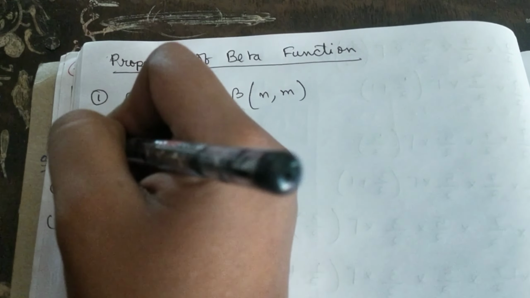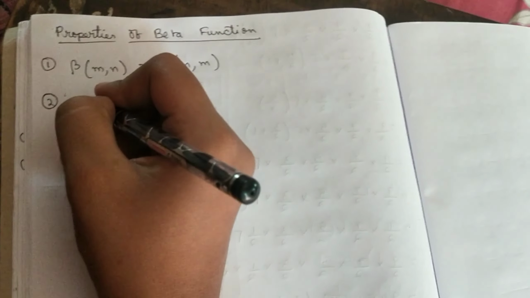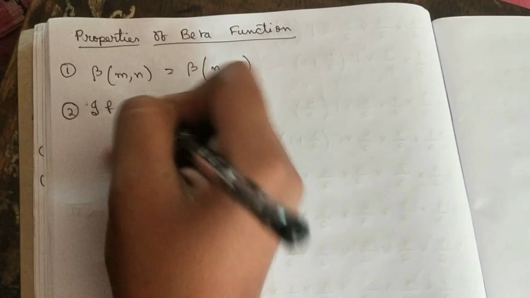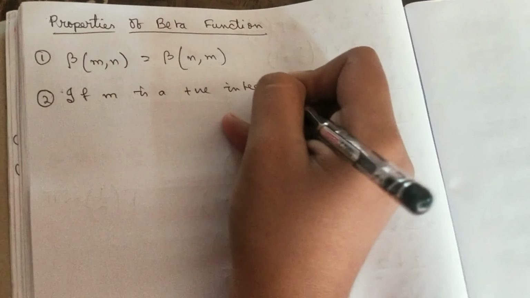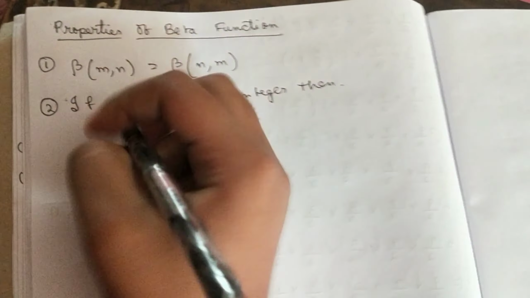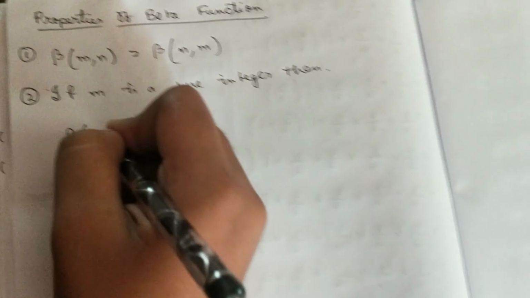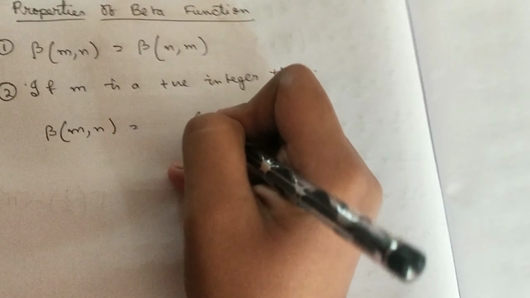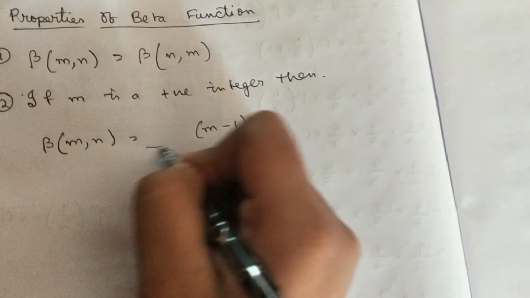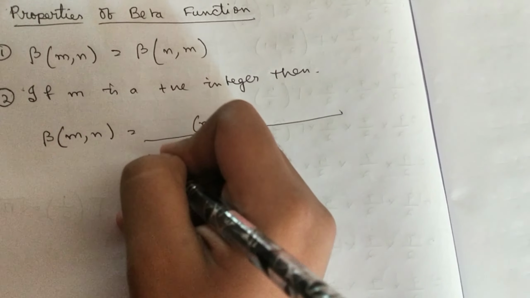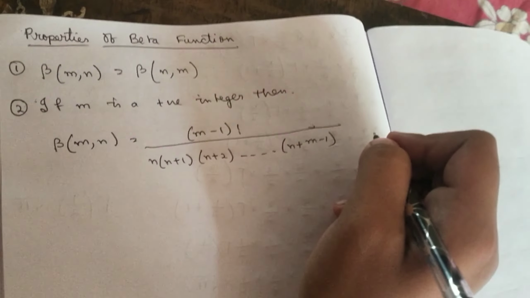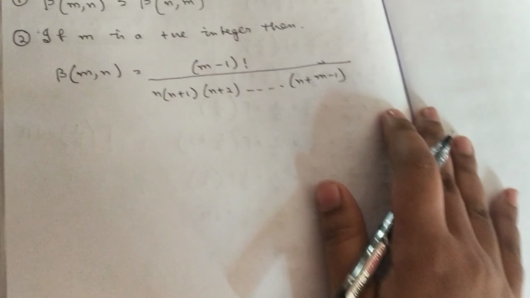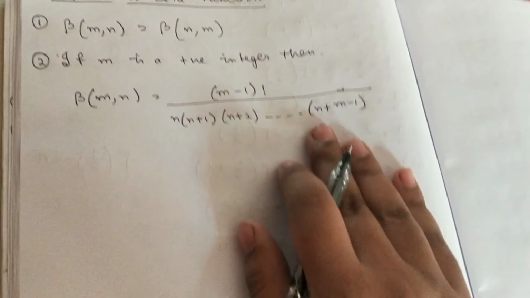Property number 2 tells us that if m is a positive integer, then beta m comma n equal to m minus 1 factorial by n into n plus 1, n plus 2, up to n plus m minus 1. This is property number 2.